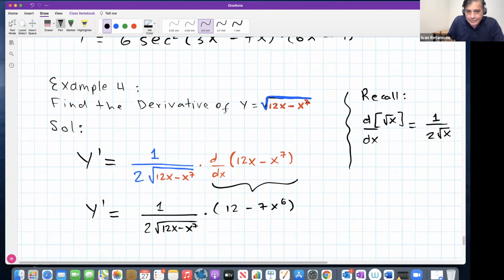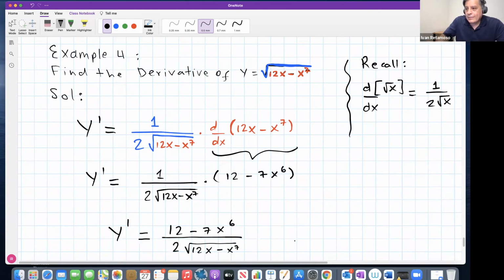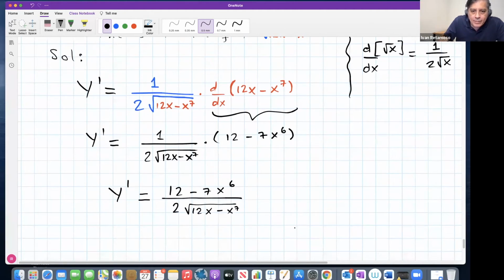Derivative of this 12, derivative of this 7 coming down, one less stays negative 7x to the 6. That's it. And then to present your answer, just simplify this: multiplied by 1 is just the same, 12 minus 7x to the 6, all that over 2 multiplied by the square root of 12x minus x to the 7. That should be it. Very good.